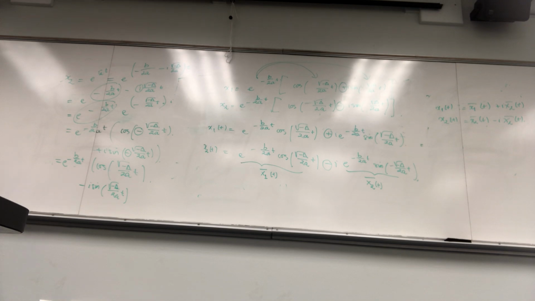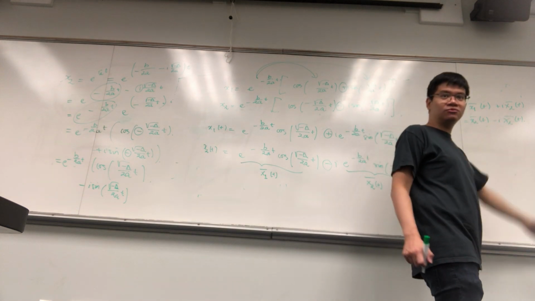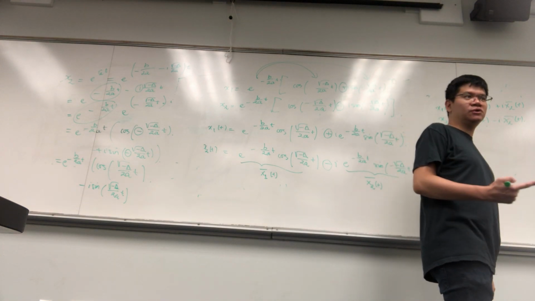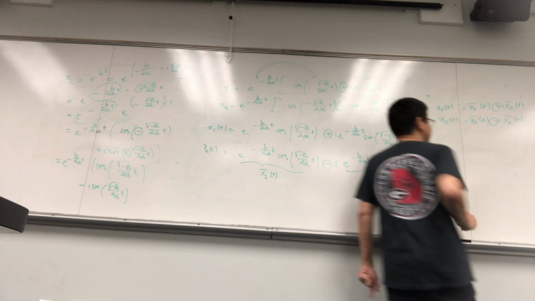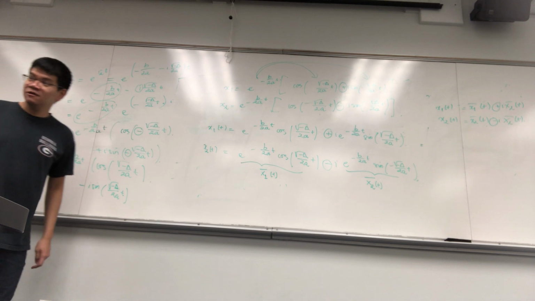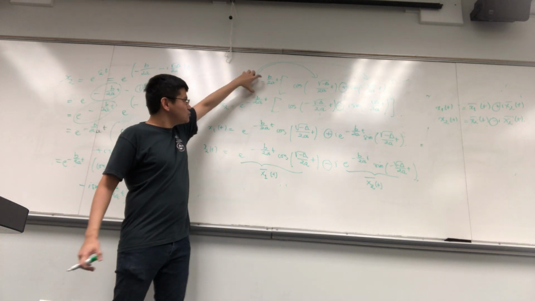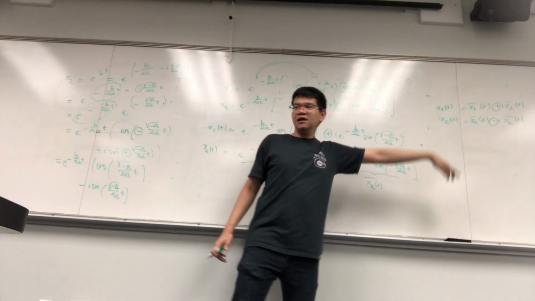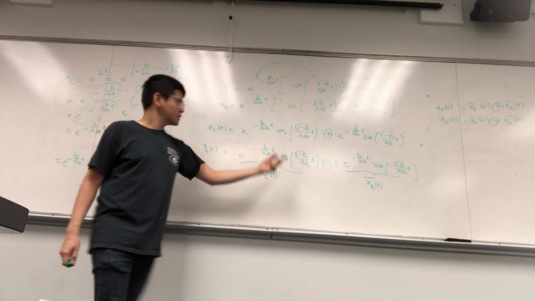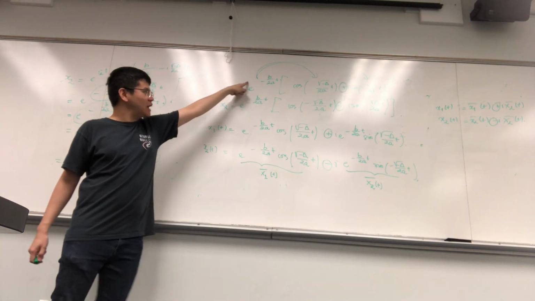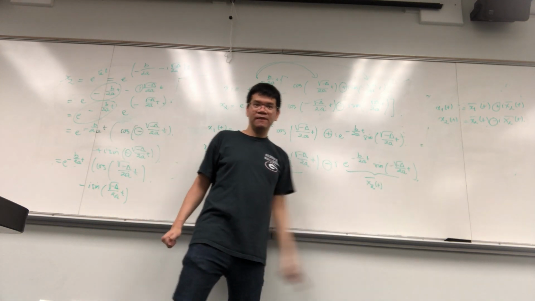I explain again. I want to emphasize the difference between x1 and x2. The only difference between x1 and x2 is the sign of the i, so here I have minus and here I have plus. Let us look into the form of x1. x1 is an exponential times cosine plus i times sine. What I do is distribute this exponential into cosine and sine. That's why I get this new formula.